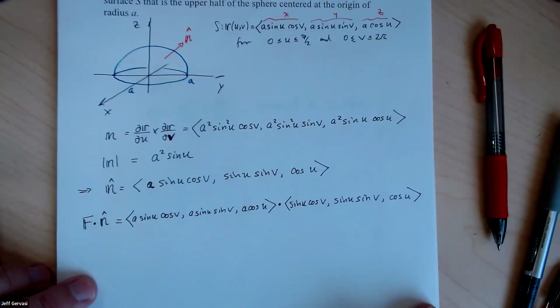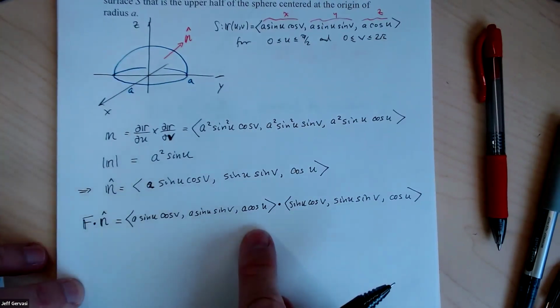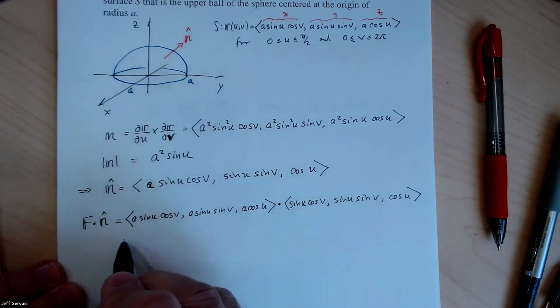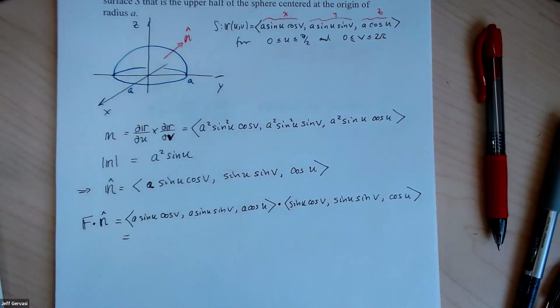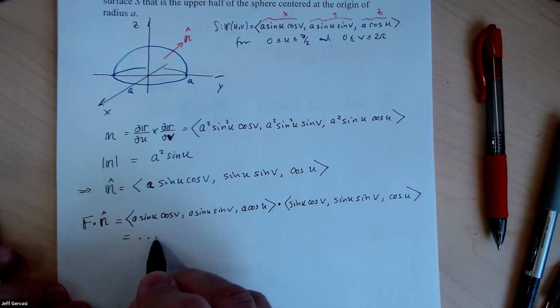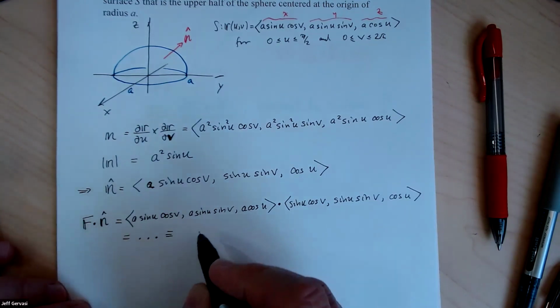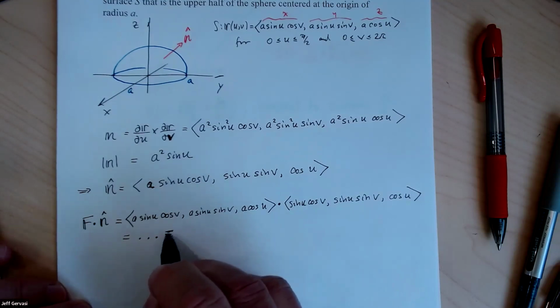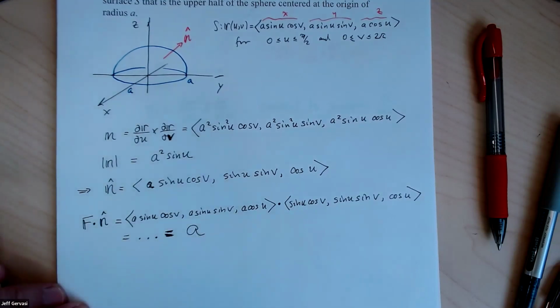How's that look? Now when I dot these together, multiplying the corresponding components and adding everything together, after the dust settles, again I'll leave it to you to fill in the details, it should just come down to A.